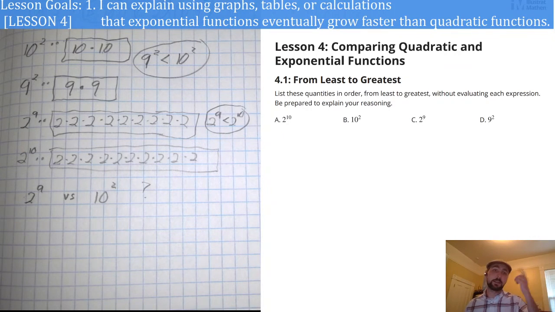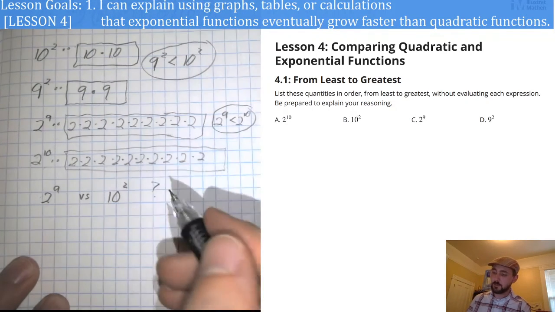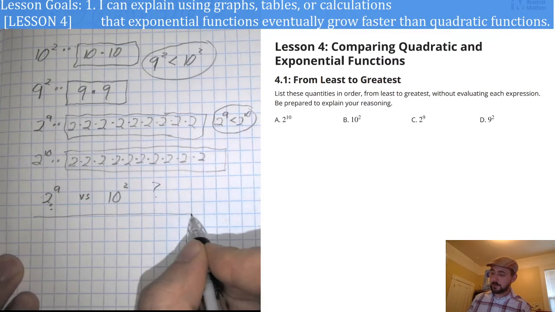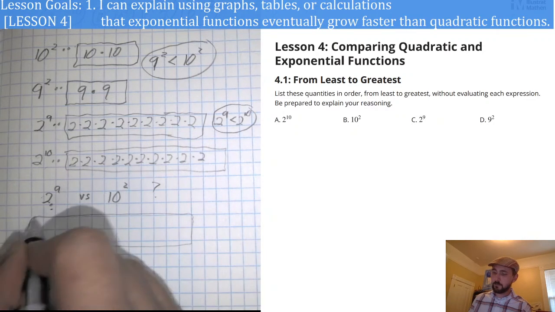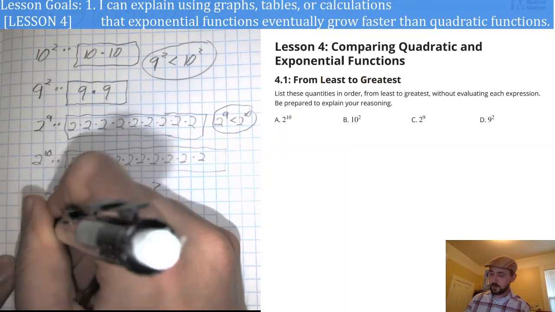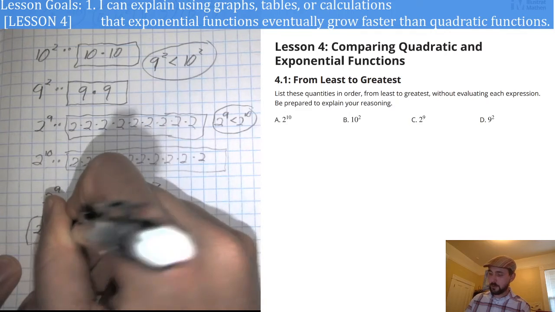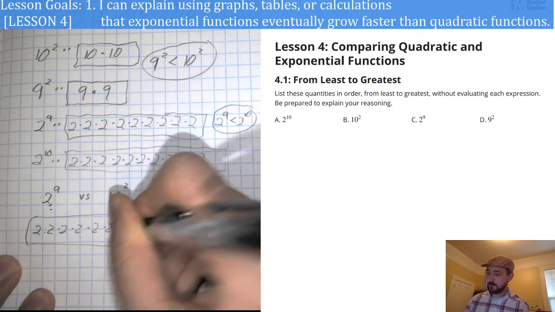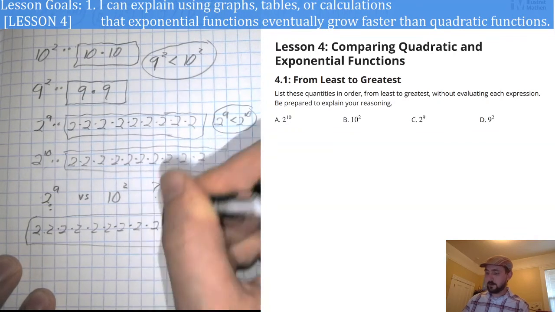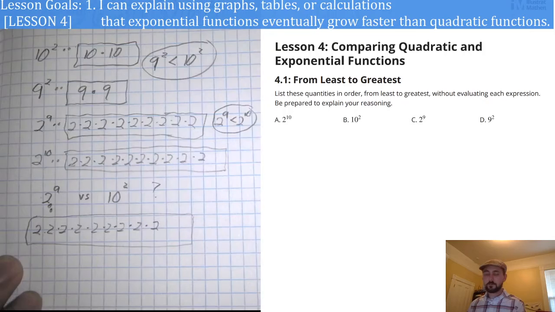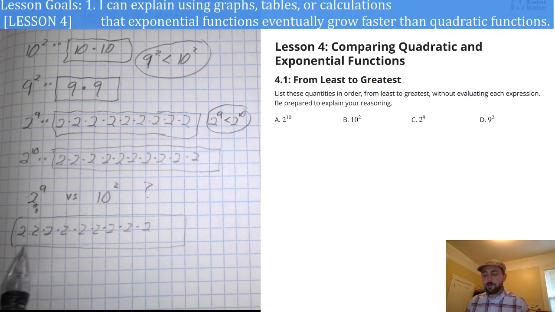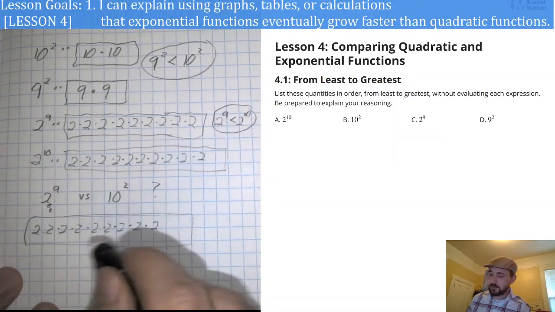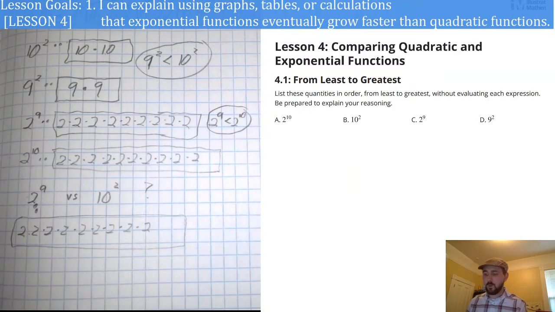But when I look at this, something that pops out in my mind is we know that 2 to the 9th power is 9 copies of 2, right? 1, 2, 3, 4, 5, 6, 7, 8, 9 copies of 2. And I don't really want to multiply all these 9 copies of 2 together, but notice I can do something kind of halfway.